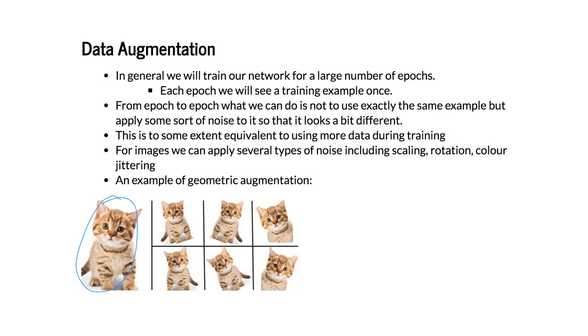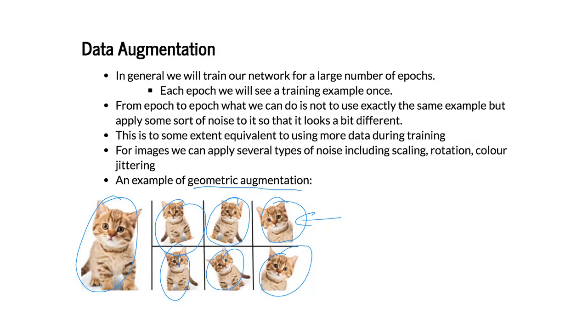This is called geometric augmentation. You see, I'm not using exactly the same image. I'm using different rotated versions of that image. Also, I'm using scaled versions of the image, right? So this is like a scaled version. So every time, the image looks like the original image, but there is some sort of augmentation.